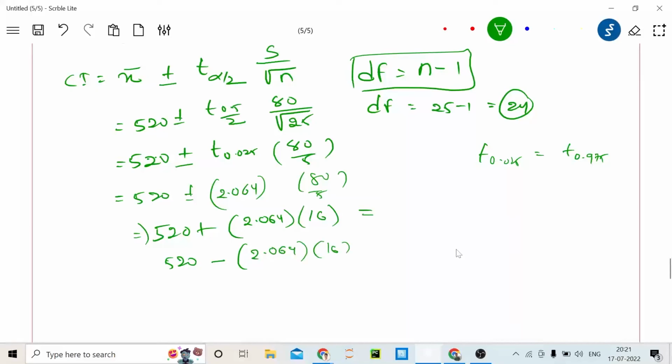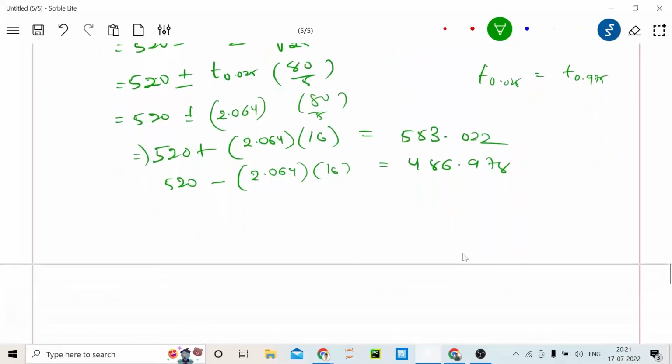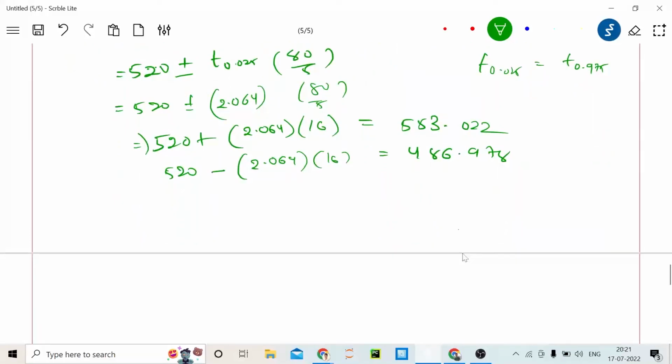This value becomes 553.022, and the other becomes 486.978.